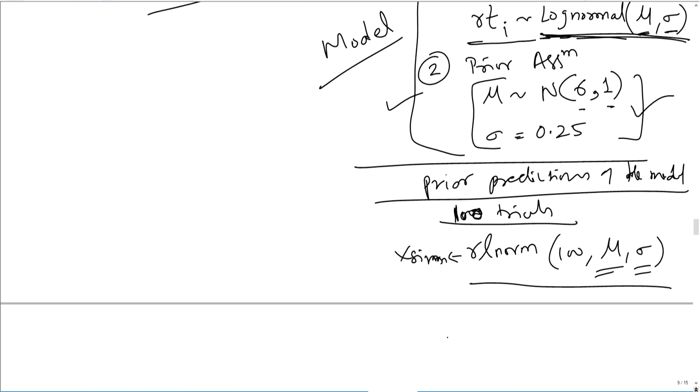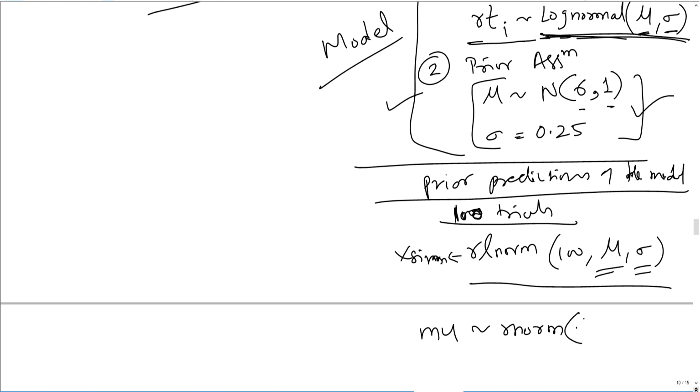What have you assumed? For mu, you have assumed a Normal(6, 1) prior. So, what if I draw a lot of samples of mu from its prior distribution, which is a normal distribution?